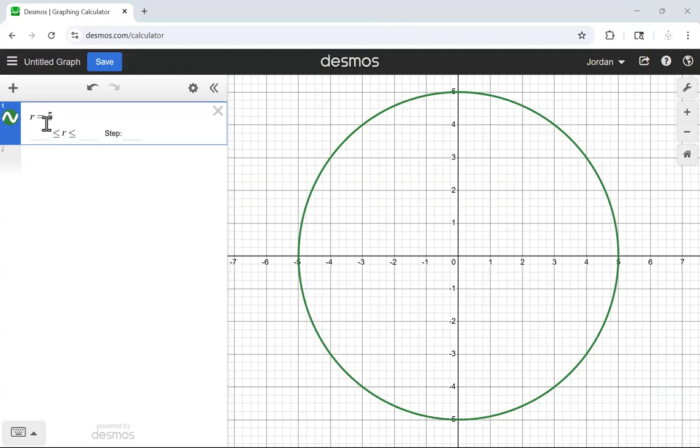So I used r equals 5, and I got this nice circle of radius 5. You can also do that on the TI-84. I'm not going to show you that in this video, but I will put a companion video up on how to graph using the TI-84 with polar equations.